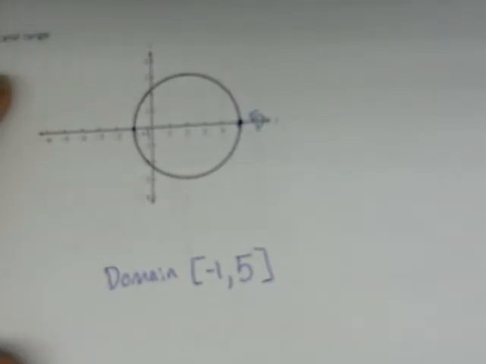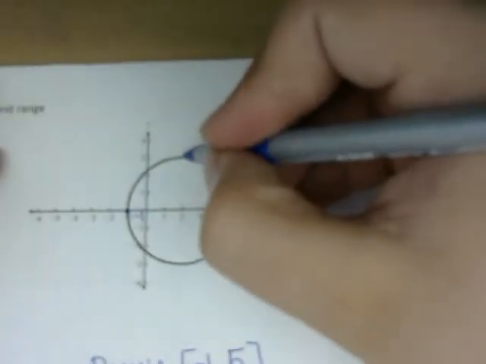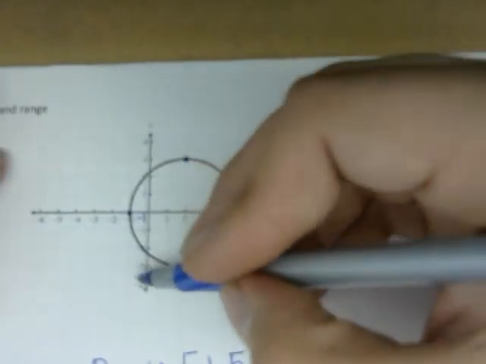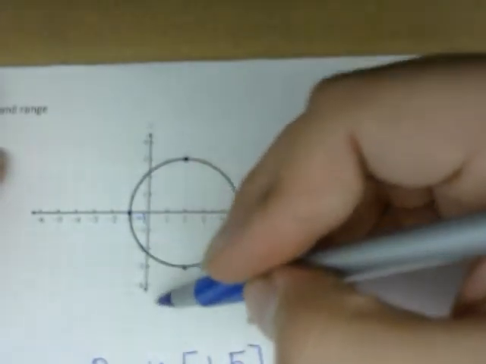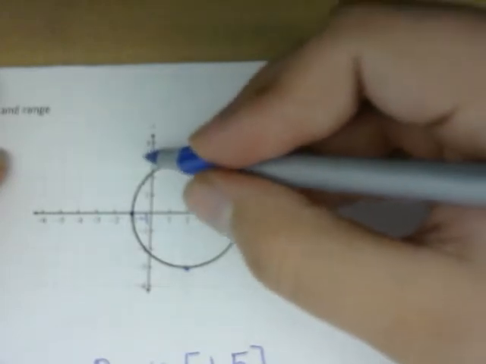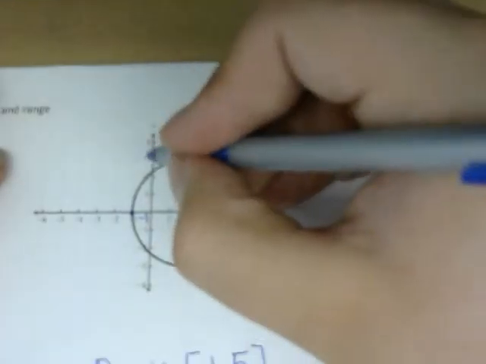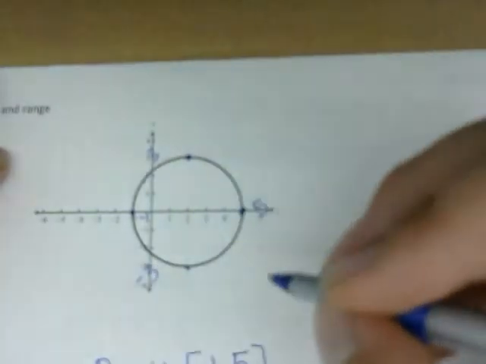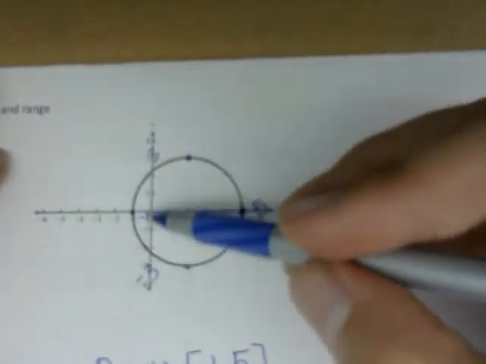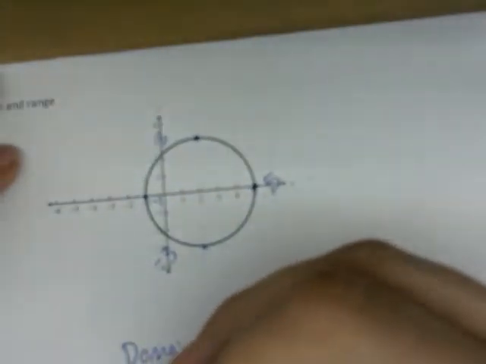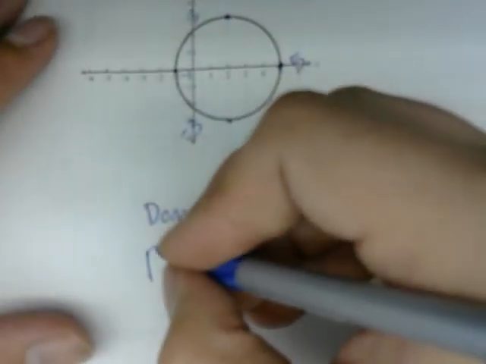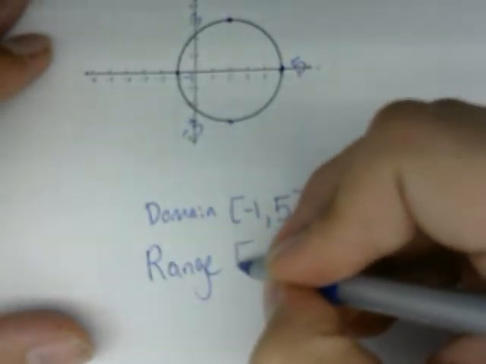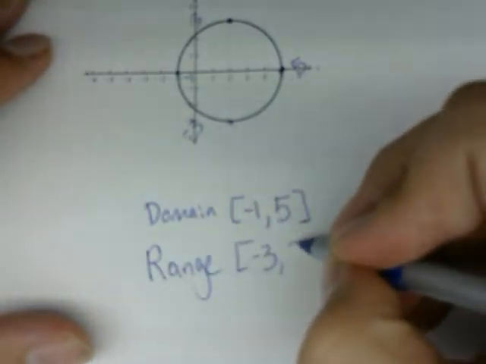Range. Well, the highest point is up here, the lowest point is down here, because we're looking at the up and down now, the y values. My highest y value is 3. My lowest y value is -3. So this goes from -3 to +3. So my range is -3 to +3.